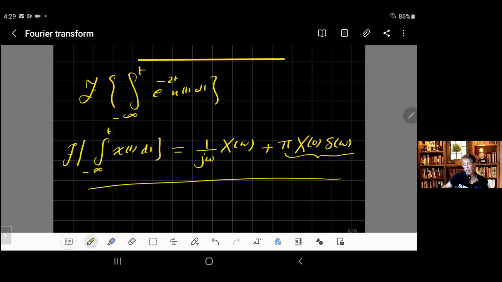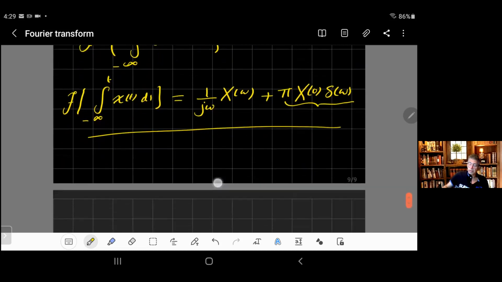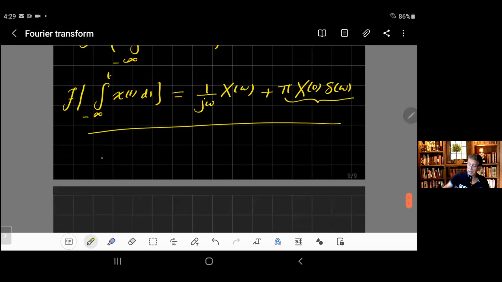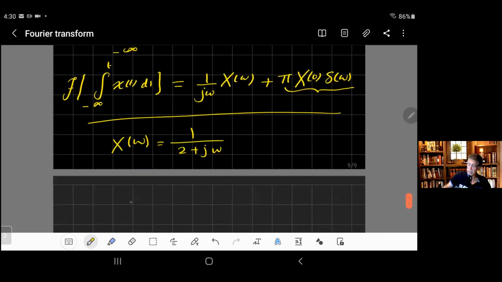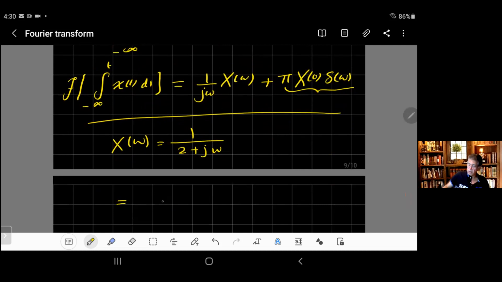Let's see how we'll do that. Our function's transform is 1 over 2 plus j omega. So when you do the integration, it equals 1 over j omega multiplied by X of omega, which is 1 over 2 plus j omega, plus pi X(0) delta of omega.